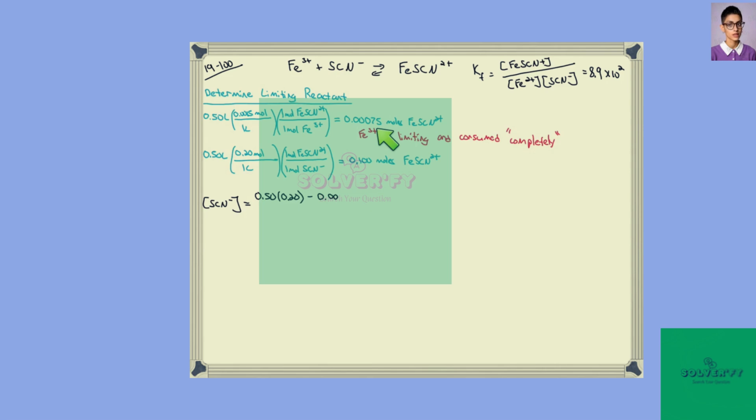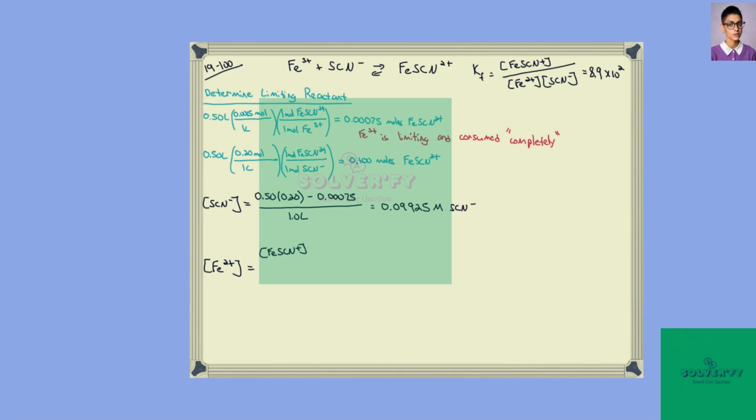Essentially, if we make this many moles of product and we need 1 thiocyanate to make the product, then we have consumed 0.00075 moles of thiocyanate. We divide that by the new volume, which is now 1 liter, to get the new concentration of thiocyanate after mixing 0.5 liters of one solution with 0.5 liters of the other solution.